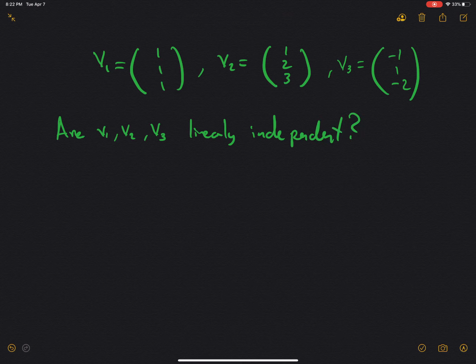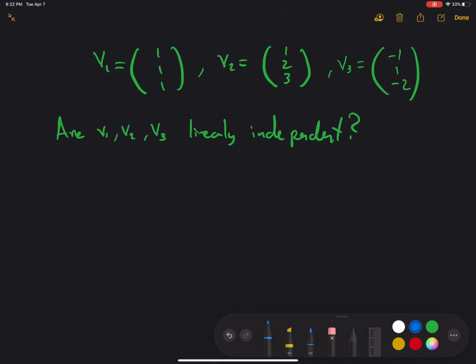Remember that linearly independent means that they cannot be written as a linear combination. A very similar question would be to ask if they are linearly dependent.